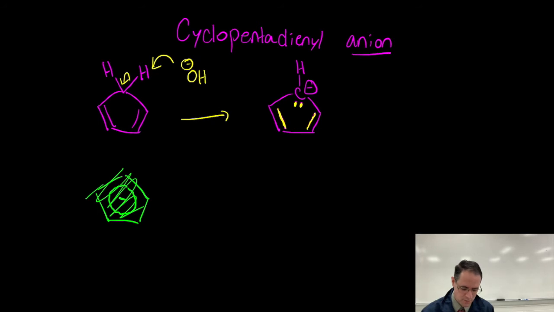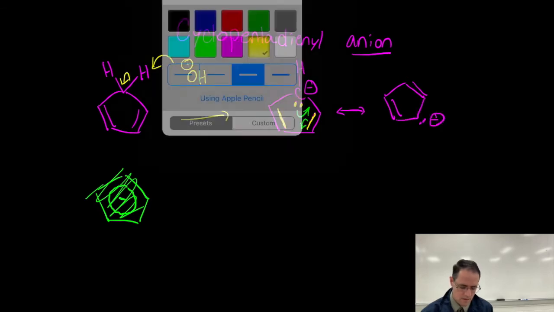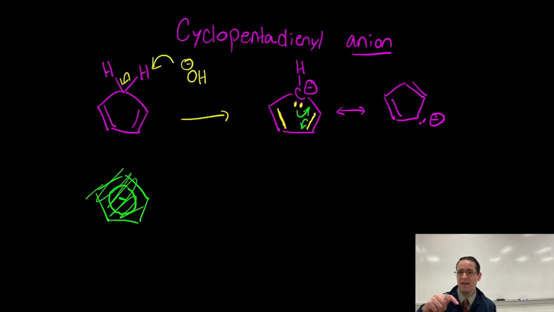Now, what we can do with these electrons here is delocalize them, okay? And we can draw resonance structures. So that's one. You can see how it goes to every other carbon. So here's the negative charge now.